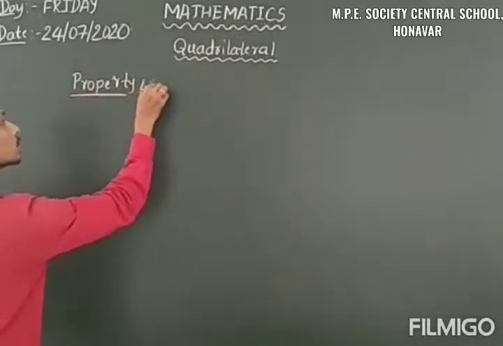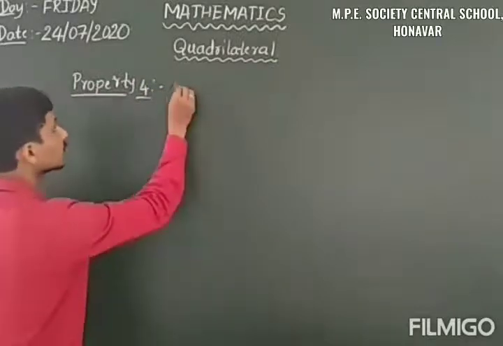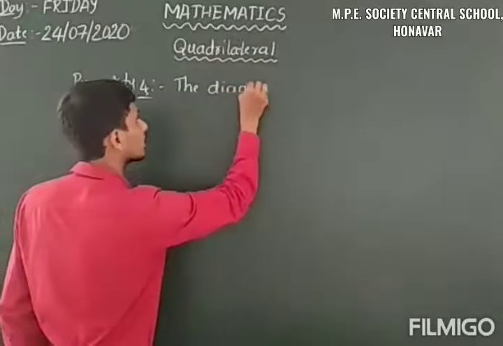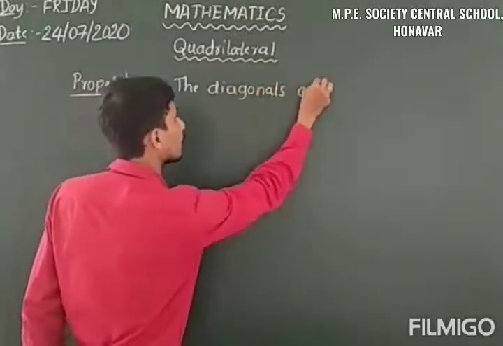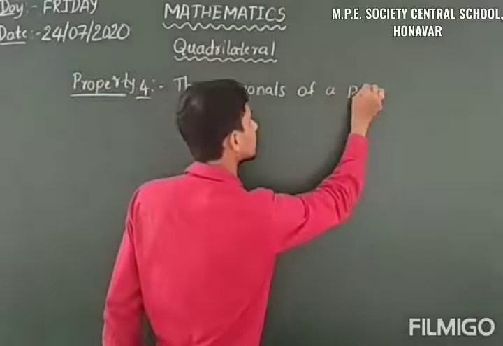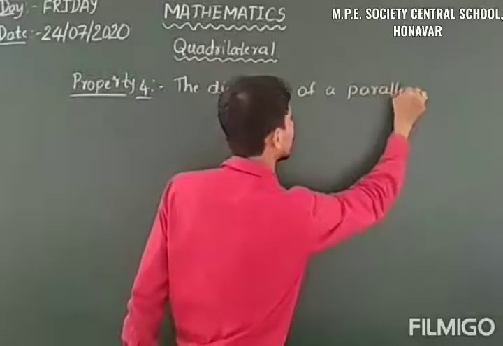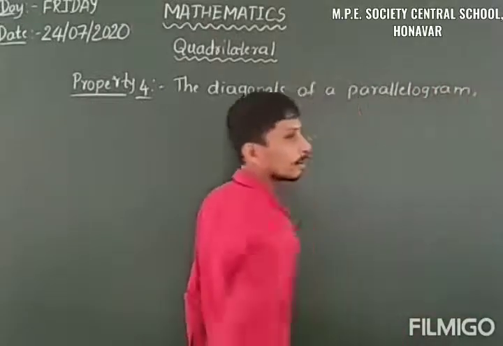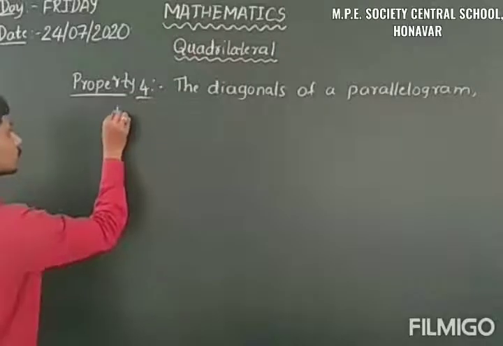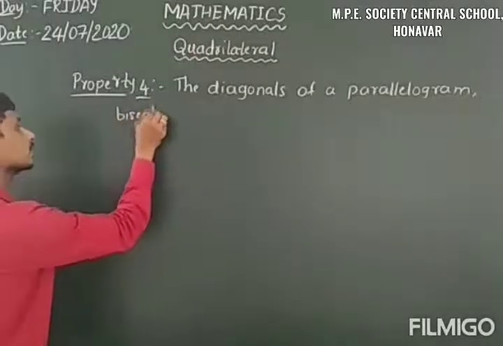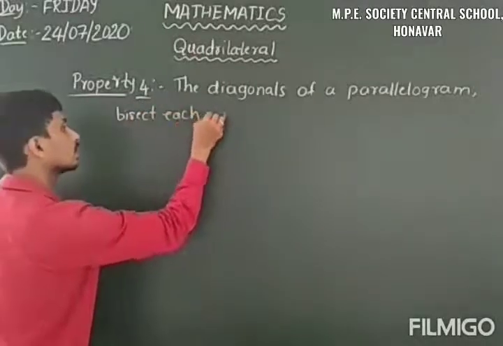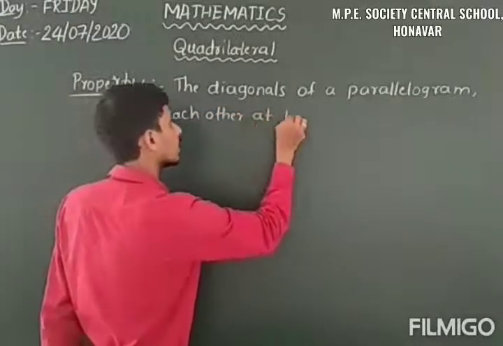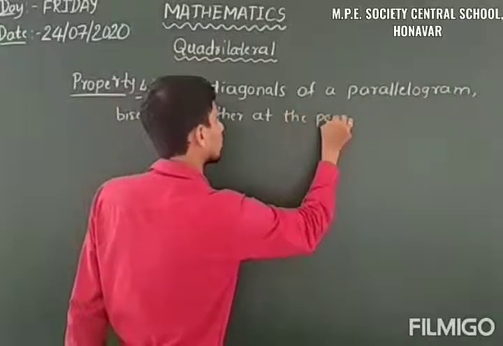Property number 4 tells us that the diagonals of a parallelogram bisect each other at the point of intersection.